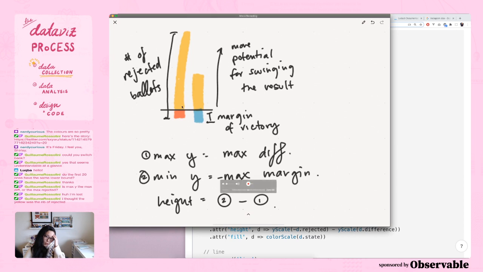So this entirety is the number of rejected ballots, and then everything above is the difference, and then everything below is the margin of victory.